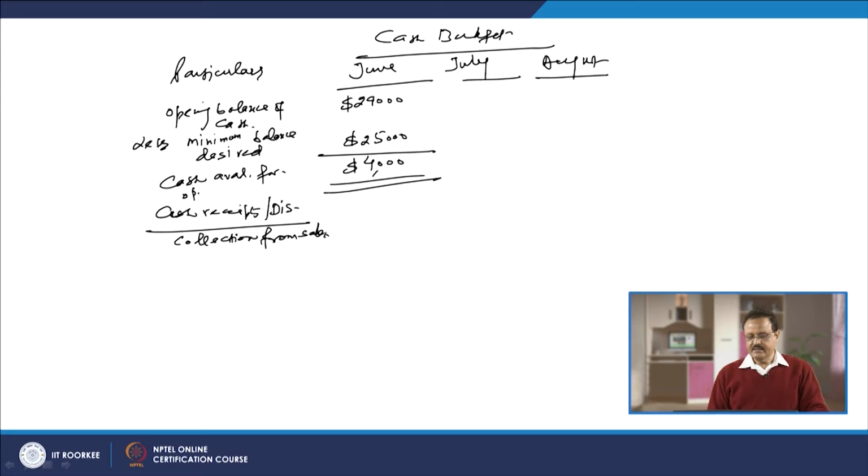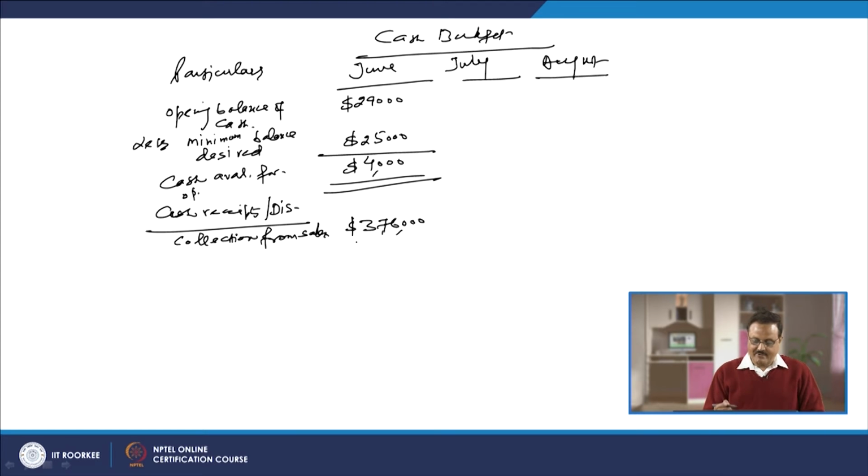So, you know that what is the collection from the sales? We have already prepared the schedule, and what was the amount of collection from the sales for the month of this June? That amount is $376,000. This is going to be the only collection from the sales. We have prepared this information already in the sales collection schedule. Now, there is no other source.